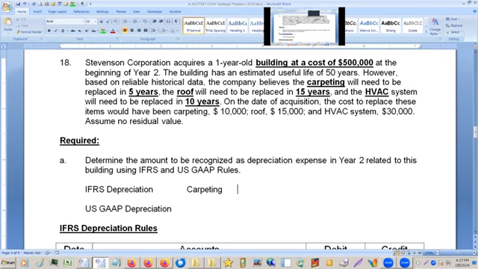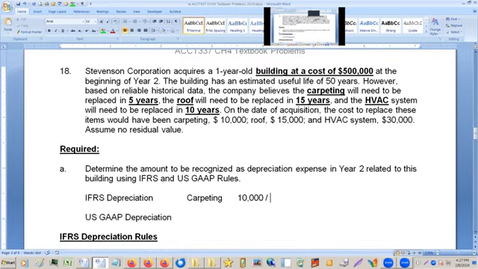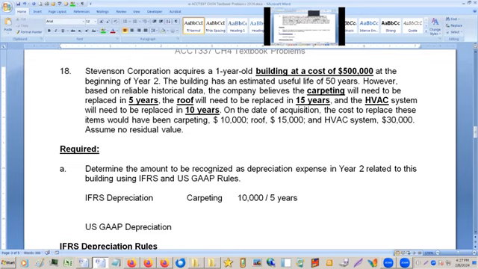Carpeting. How much did they say it was? Carpeting, $10,000, 5 years. Roof, $15,000, 15 years.